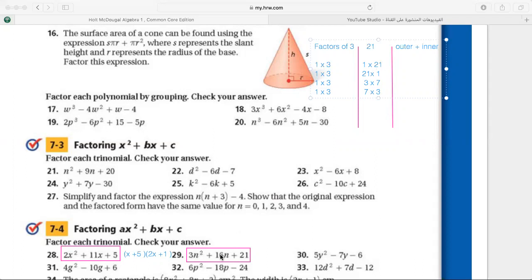What is the middle term that I want to reach? 16. I want to reach 16. Okay, girls? Outer and inner.